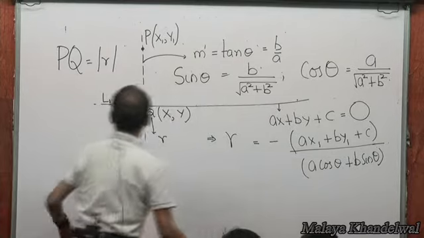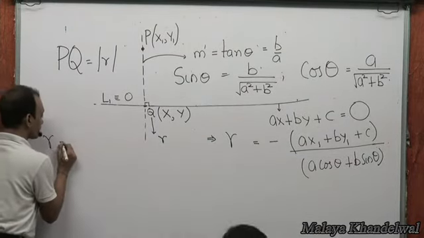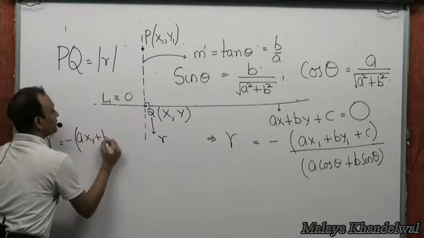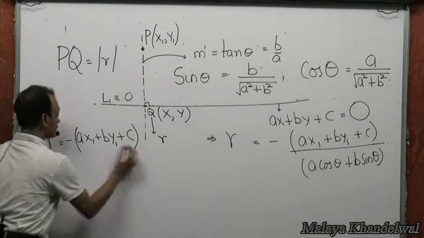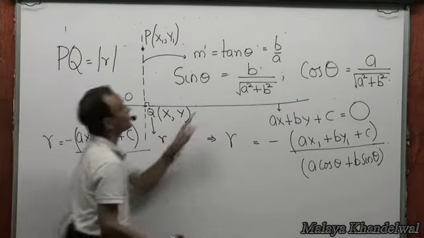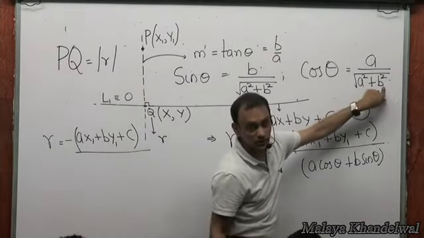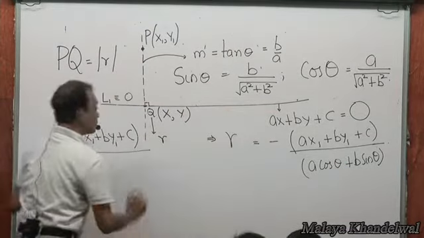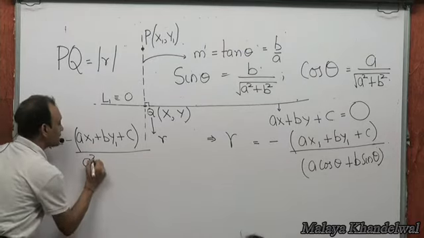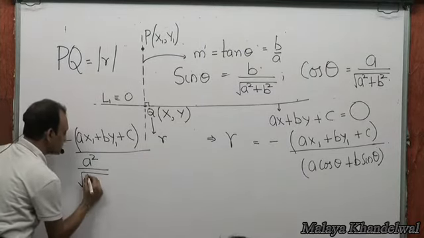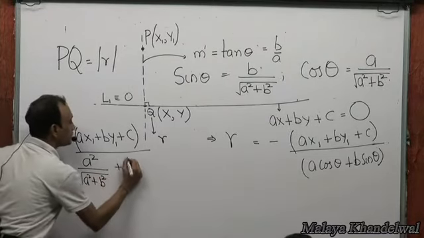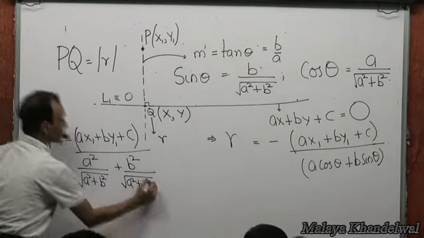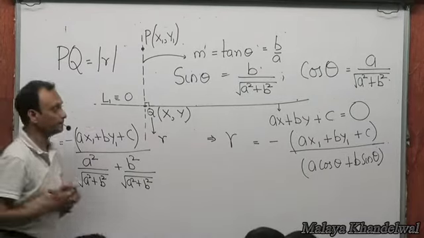So r then turns out to be minus (ax1 plus by1 plus c) divided by a cos theta plus b sin theta. A cos theta means a squared by root (a squared plus b squared), plus b sin theta, which makes it b squared by root (a squared plus b squared). So plugging in cos theta and sin theta, I end up getting a squared by root (a squared plus b squared) plus b squared by root (a squared plus b squared). That's r, right?